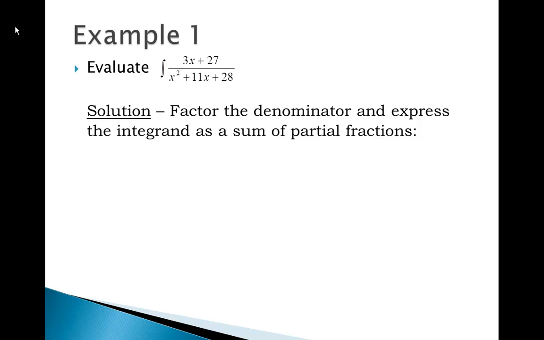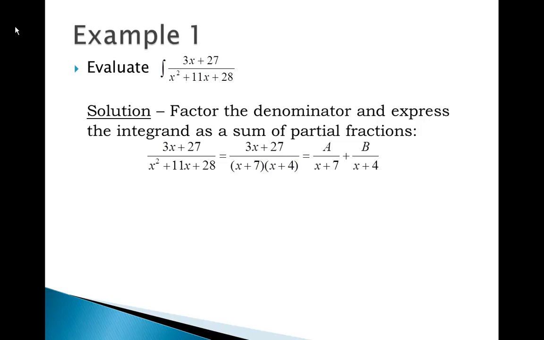To start, we have to factor that denominator and then rewrite our integrand as the sum of partial fractions. So we factor x squared plus 11x plus 28 as x plus 7 times x plus 4, and then rewrite that as some unknown a over the first factor x plus 7, plus another unknown b over the second factor x plus 4.